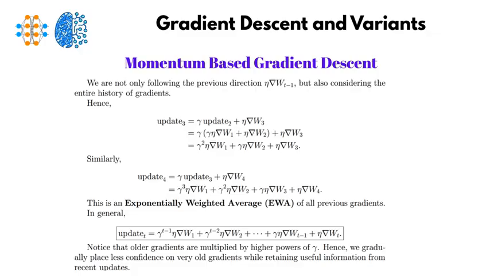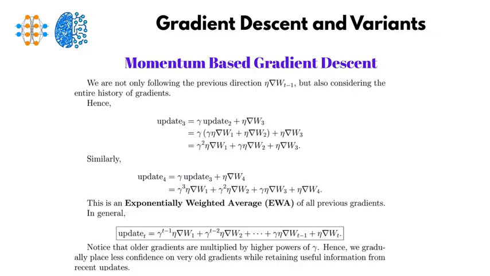For example, the most recent gradient is multiplied by eta. The previous one is multiplied by gamma times eta, and the one before that is multiplied by gamma squared times eta, and the pattern continues. So if gamma is between 0 and 1, higher powers of gamma become progressively smaller.